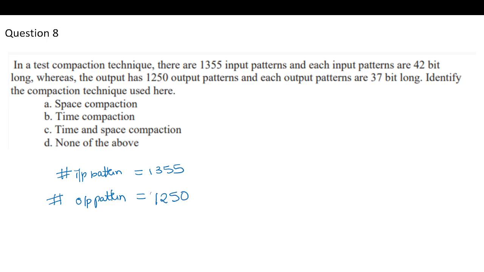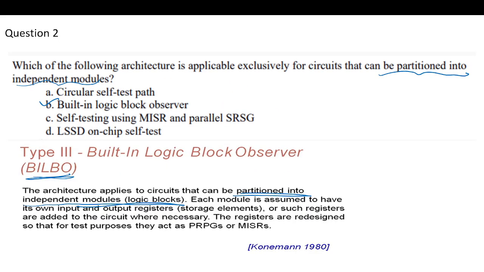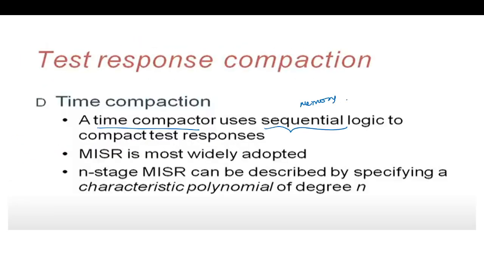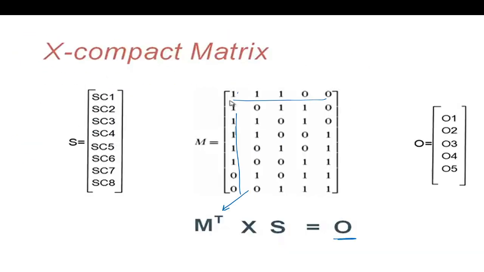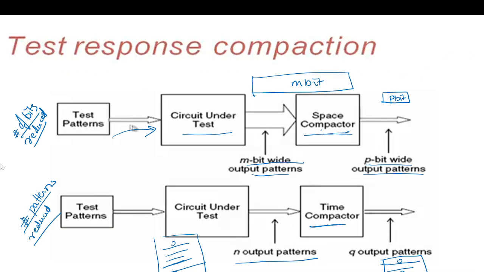So the number of patterns is reduced. So what do we call this when the number of patterns is reduced? When the number of bits is reduced, we call it space. When the number of patterns is reduced, we call it time.